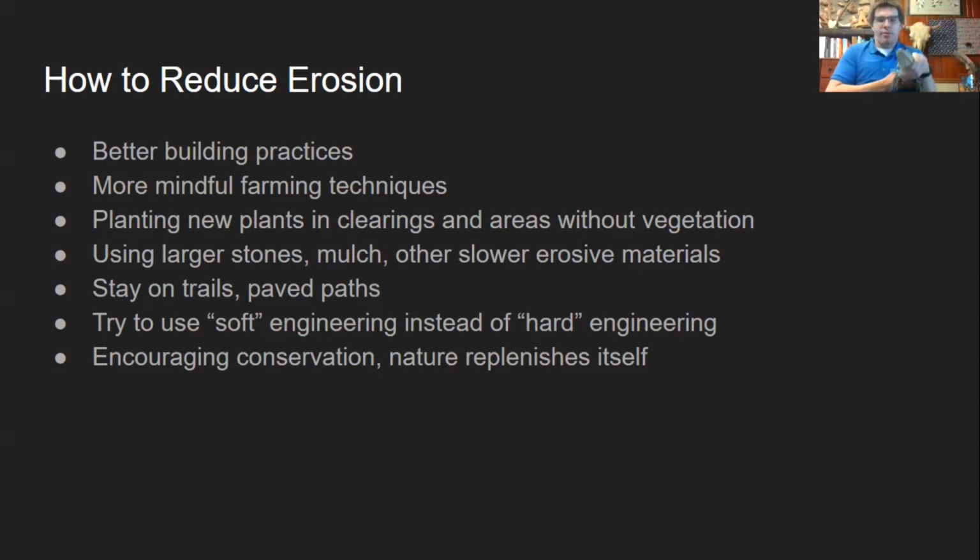We talked about erosion and what causes it: wind, water, and ice. We talked about some of the natural processes that actually make erosion not a bad thing. So rivers and streams and even things like glaciers will move soil from one place to another, but that soil doesn't disappear.